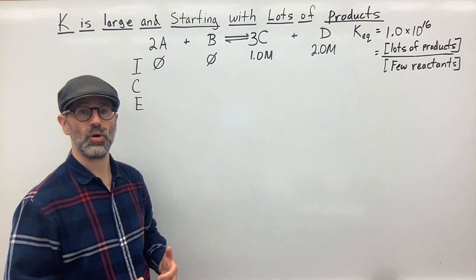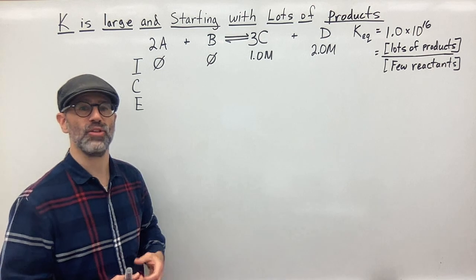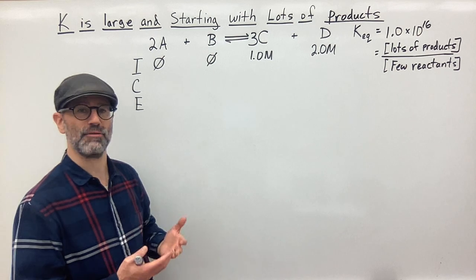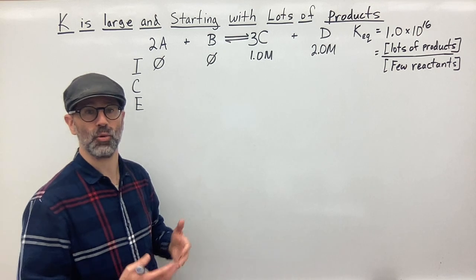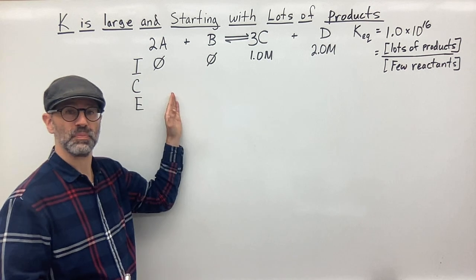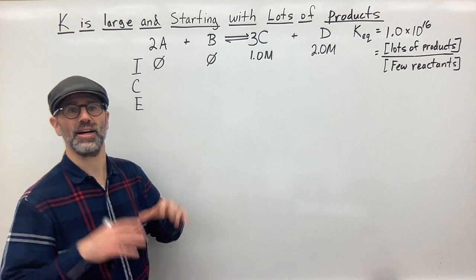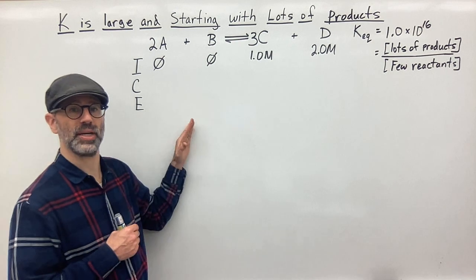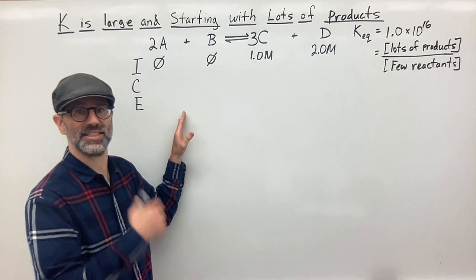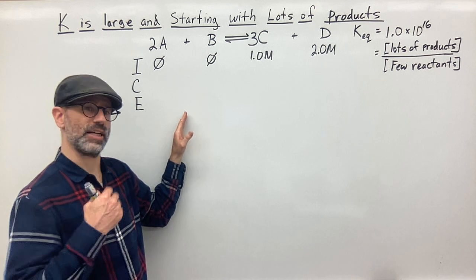So we're shifting towards the side that is not favored, and in that situation, we know there's only going to be a tiny amount of reactant formed because it overwhelmingly favors the products. So we can go ahead and do an ICE table. We don't have to do a stoichiometry table or anything like that. We can just jump in and do an ICE table, and then do our X is small approximation. We can neglect X, simplify the calculation, and solve for our change. So let's get into this.